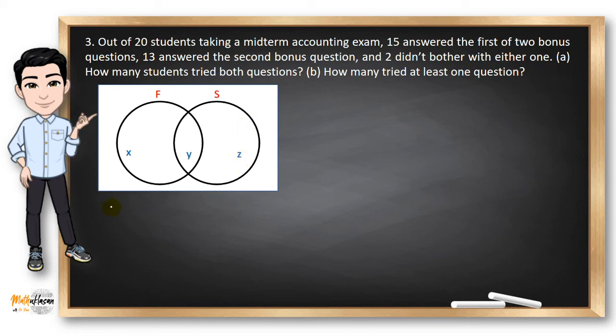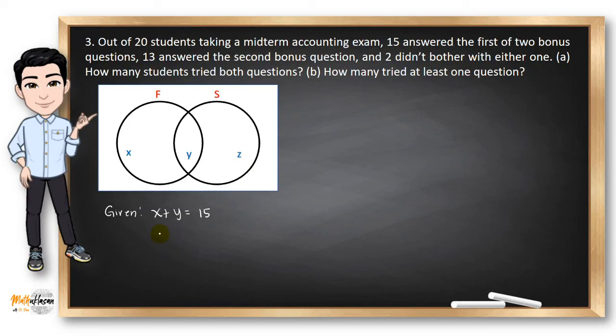Now, for the first given, 15 answered the first of two bonus questions, but it's also possible that they answered the second bonus question. So this is not only, meaning this is x plus y, or the cardinality of set F, which is 15. Now, 13 answered the second bonus question. So likewise, this is not just the second bonus question only.